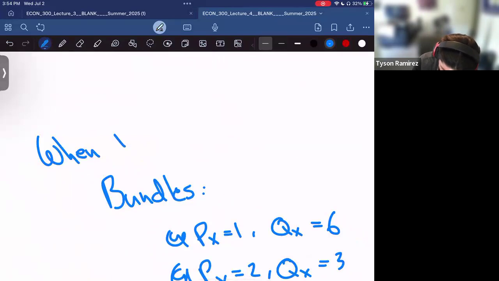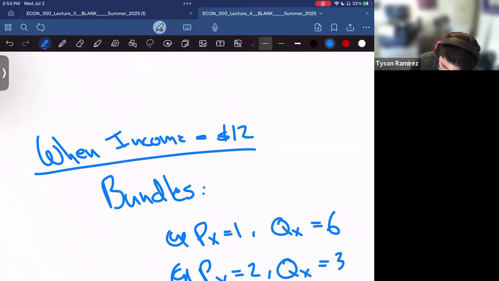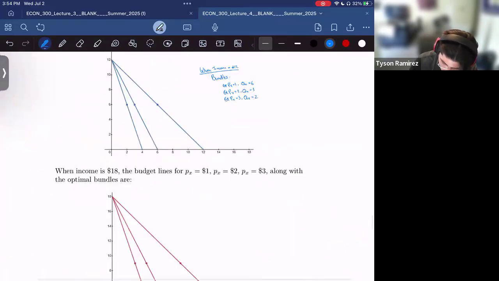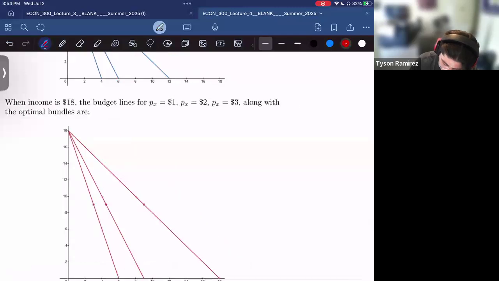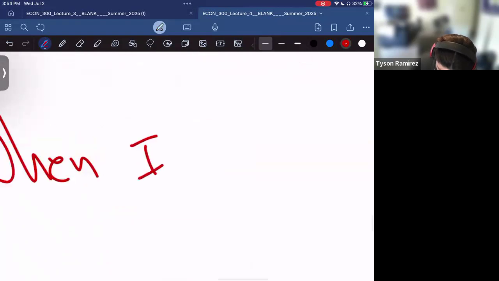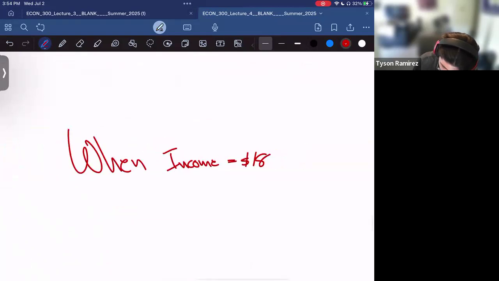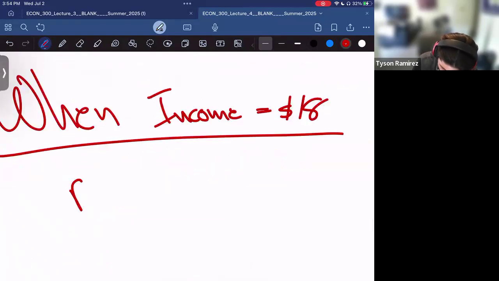When income equals $12, we got all of this right here. Over here, when income equals $18, what are the bundles that we have?